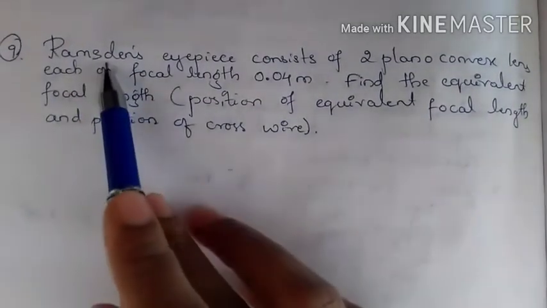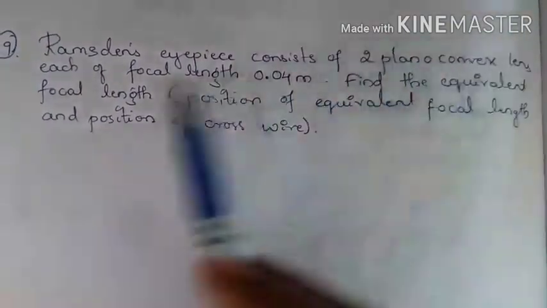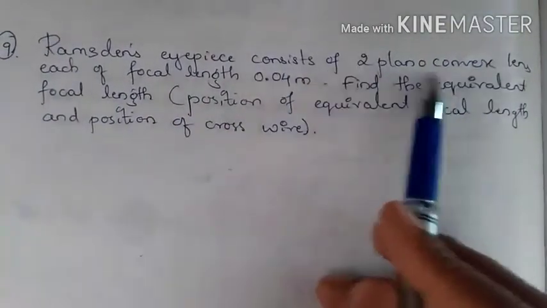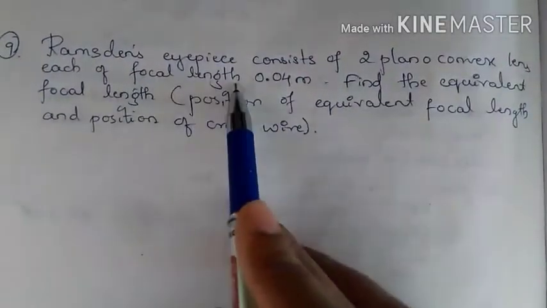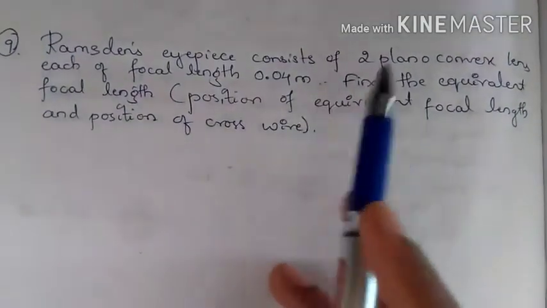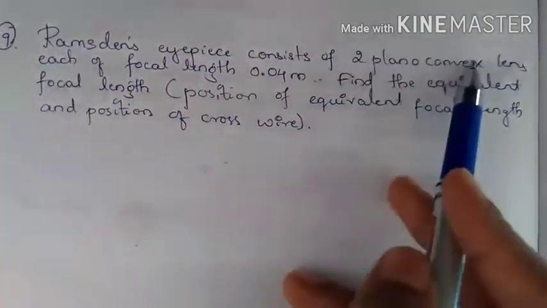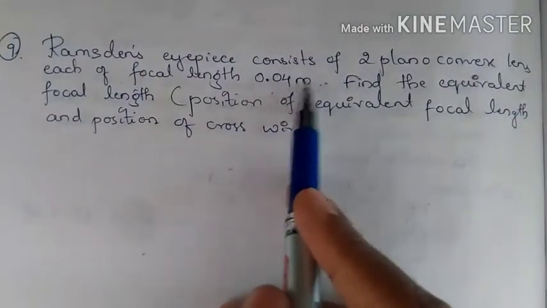It says Ramsden's eyepiece consists of two plano-convex lenses, each of focal length 0.04 meters. Both the plano-convex lenses have the same focal length, that is 0.04 meters.